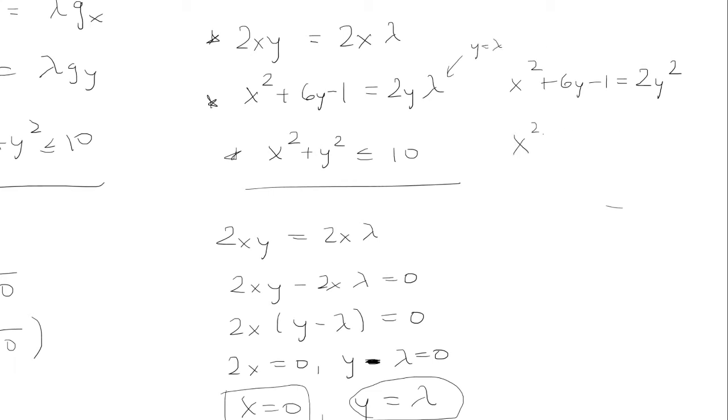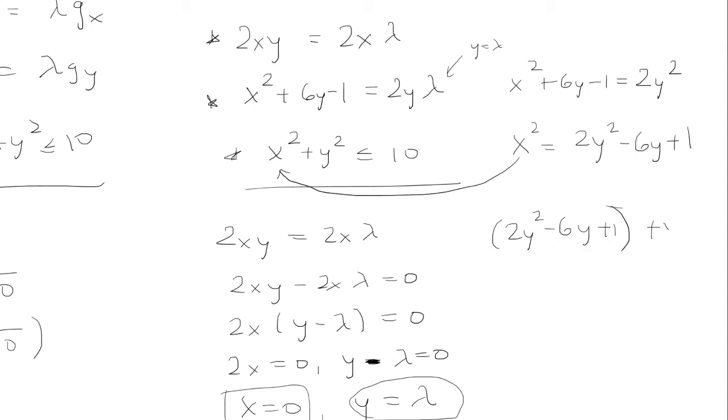So I'm just going to solve for x squared to get 2y squared minus 6y plus 1. And I'm going to substitute that into the constraint equation. So that would just be 2y squared minus 6y plus 1 plus y squared is less than or equal to 10. So simplifying, we get 3y squared minus 6y minus 9.